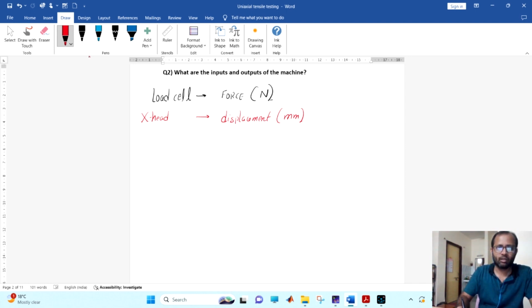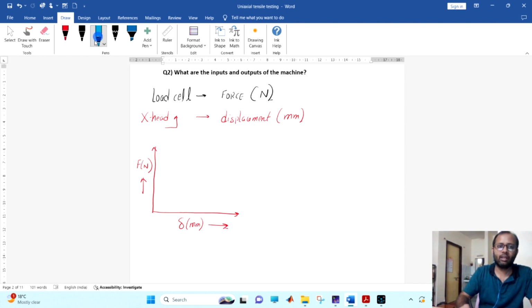We are providing the crosshead movement, that is, the rate at which this crosshead should move. Due to that movement, the load cell will feel and capture the force. So we are getting the force and the displacement, that is the elongation, from the machine data.